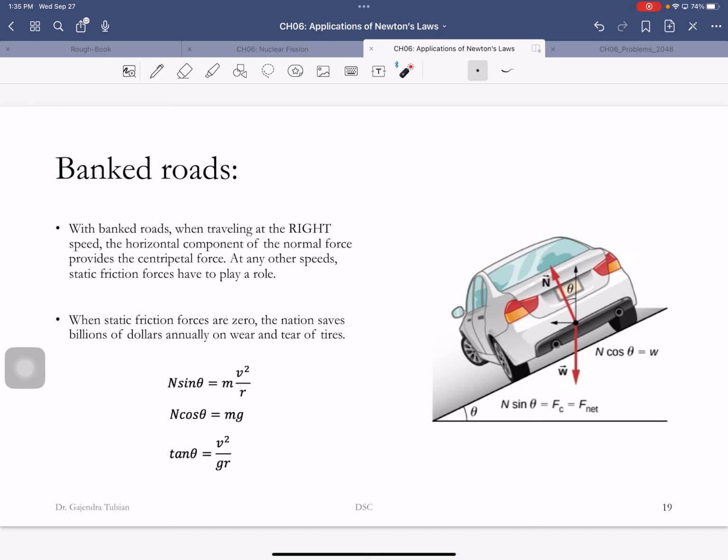On every exit, the engineers construct the road such that they know the radius of the exit, and they bank it such that if you drive at the marked speed limit, you don't need any friction force.